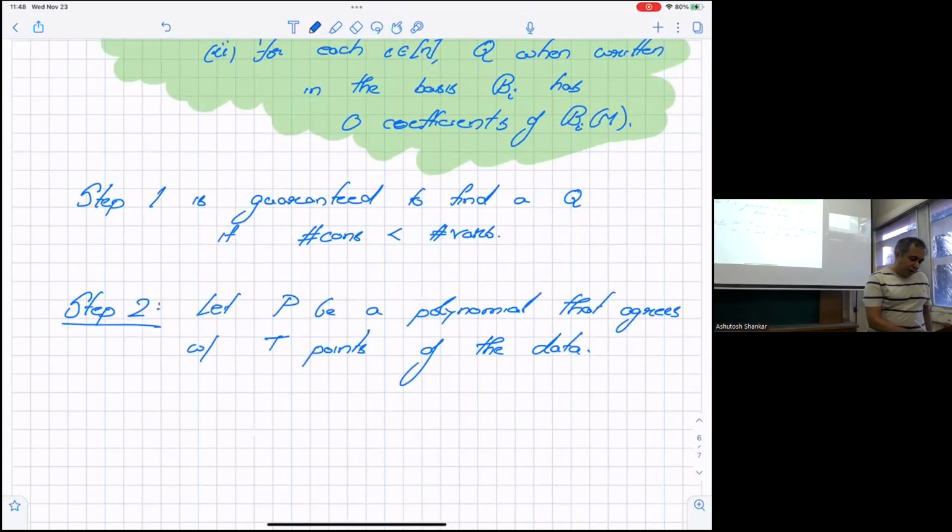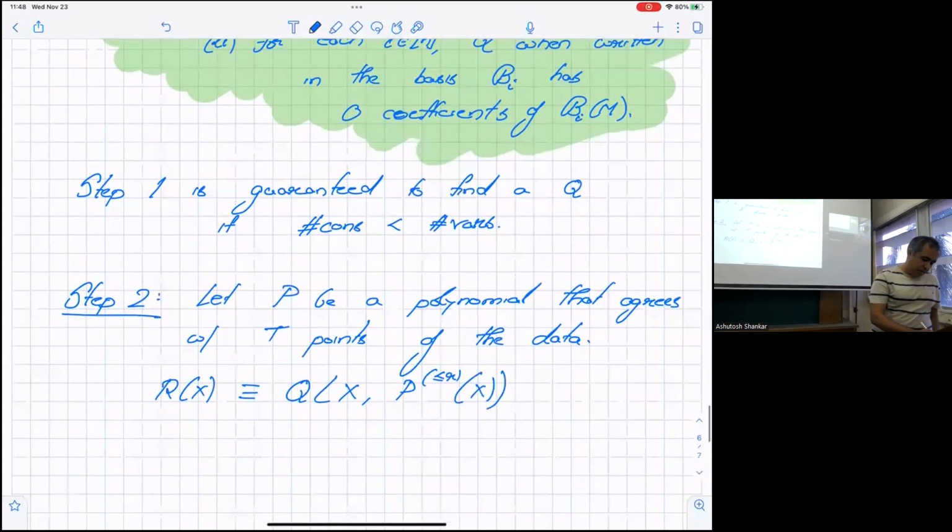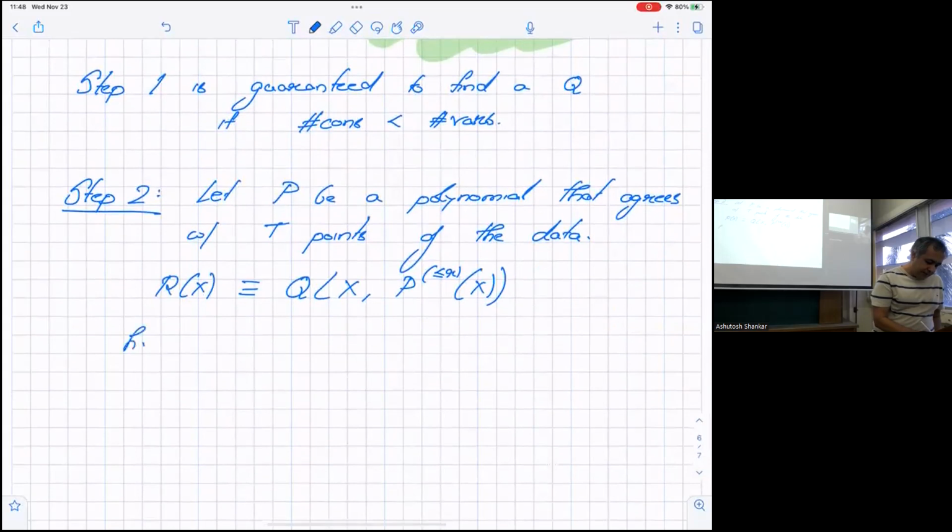Then we know that R(x), written as Q(x, p(x)), has at least p times m roots with multiplicities.